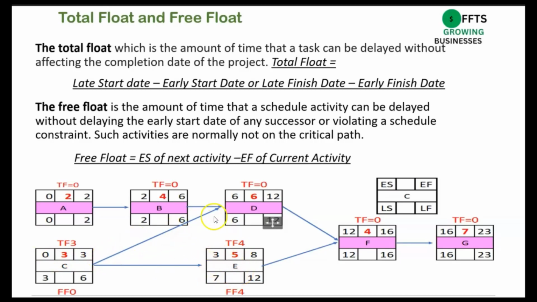Whereas there is some leeway with respect to D, because the early start is 6 and the early finish is 3. However, because it also has this relationship with E, there is no free float on C, but there is free float on E. So what is the significance of that?